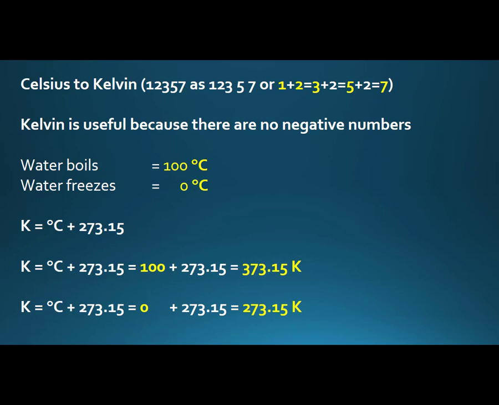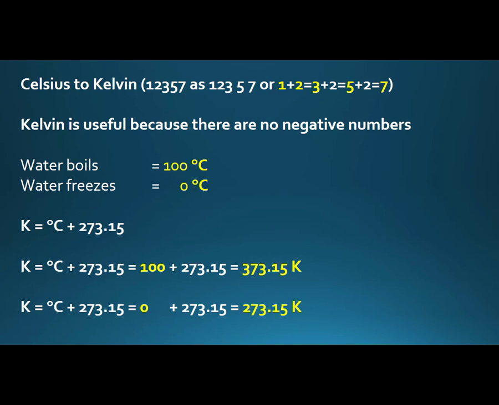So what we need to know is, if I add 273.15 to my Celsius, I would use those first numbers to show myself that it's right. So Kelvin equals Celsius degrees plus 273.15, and here I'm taking the 100 from the problem where water boils, putting it in degrees Celsius.